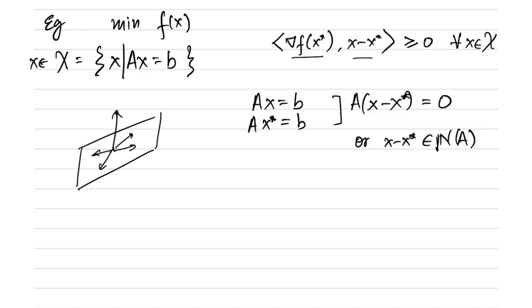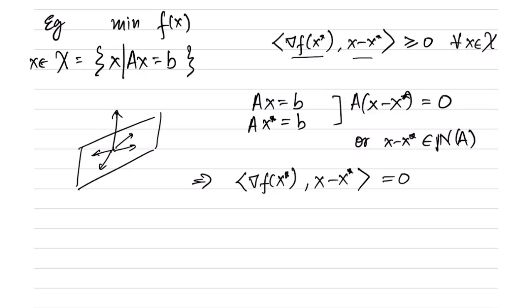If it makes an acute angle with some, it would make an obtuse angle with the others. So this implies that the only possibility again is that the inner product of gradient f of x star with x minus x star is equal to 0. That is the only possibility, because it is not possible to make an acute angle with every vector in a linear subspace.